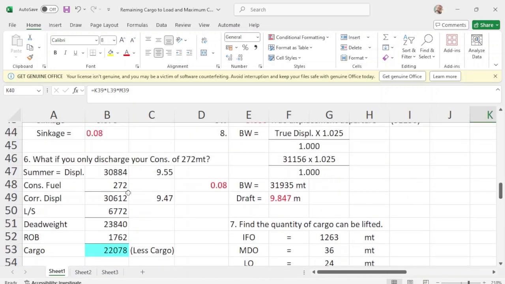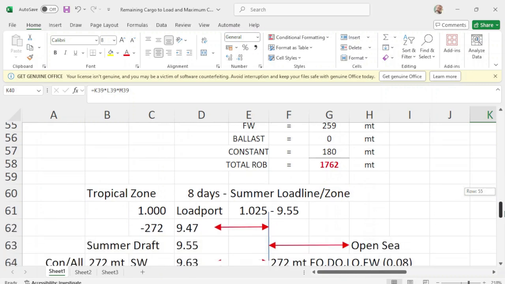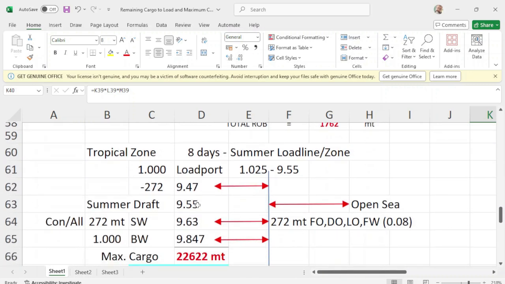So without your zone allowance, you just want to use the fuel. So your corresponding displacement will be this one, and your drop upon consuming this will be 9.47, and this will happen to you. Instead of summer drop going to your discharge port, you will be now in a drop of 9.47.